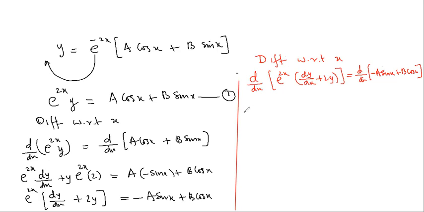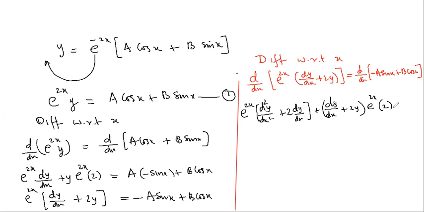So I'll get the product rule again: e raised to 2x into derivative of this. When you differentiate dy by dx, it becomes second derivative. When you differentiate 2y, it becomes 2 dy by dx. Plus, now this as it is, dy by dx plus 2y. When you differentiate e raised to 2x, it is e raised to 2x into 2, equal to derivative of minus a sin x plus b cos x, which is minus a cos x minus b sin x. So much is clear.